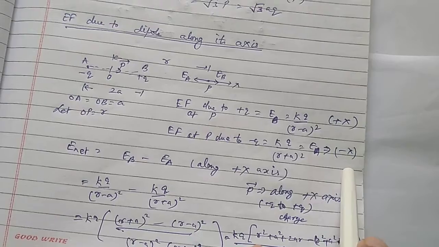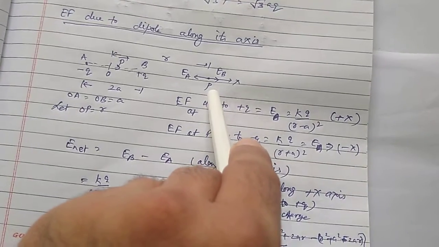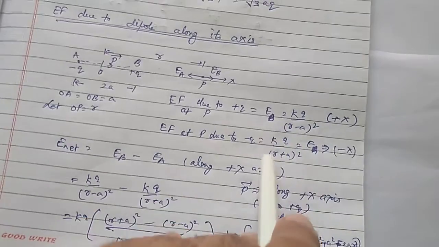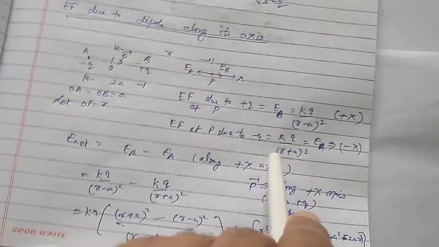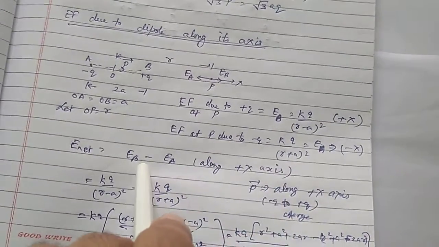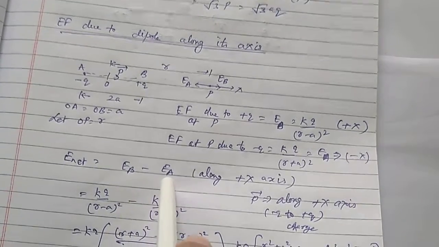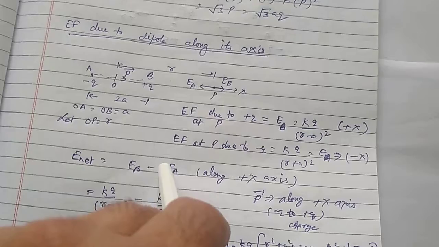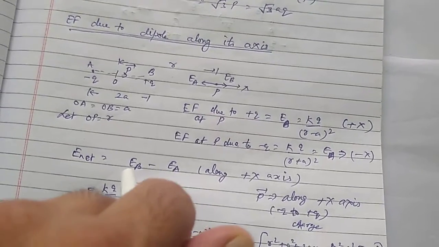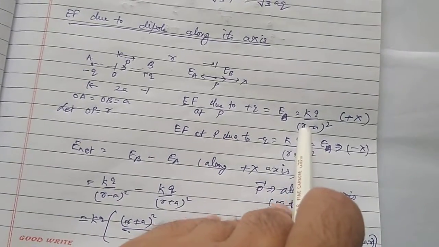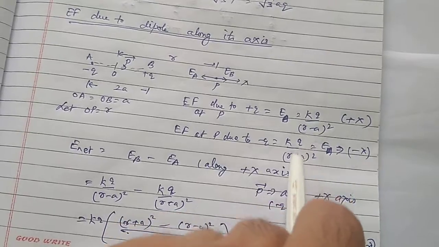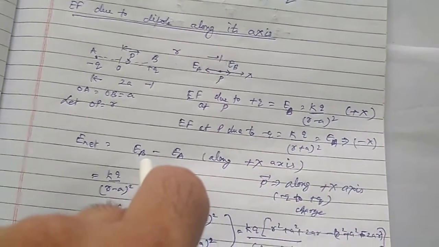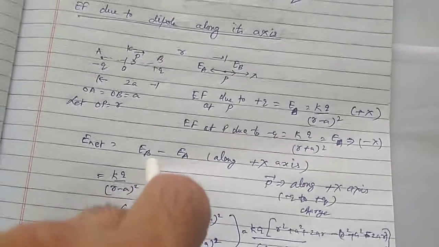So these two electric fields acting at point P are opposite in direction, but they are not equal in magnitude, so they cannot cancel out. The net electric field is given by EB minus EA. Why am I writing EB before EA? Because the EB value is larger, because it has the denominator r minus a, and here r plus a. So this electric field is larger in magnitude.